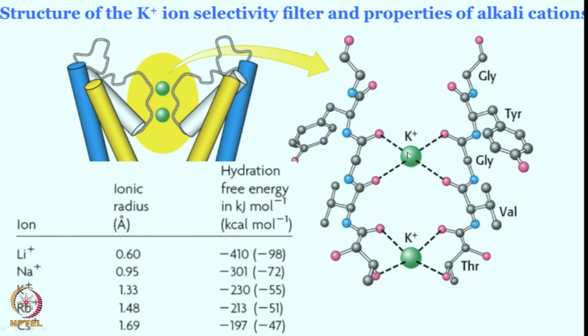But of course, if potassium is interacting with 4 different centers of the peptide backbone, it has to lose 4 water molecules. After losing 4 water molecules, only then will this sort of interaction be possible, making it possible to pass through. Now, losing such water molecules is feasible for potassium because the hydration free energy is relatively less.